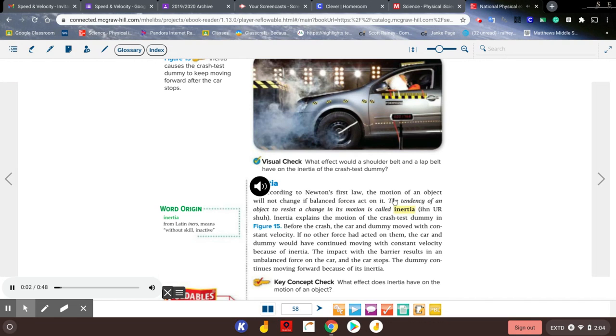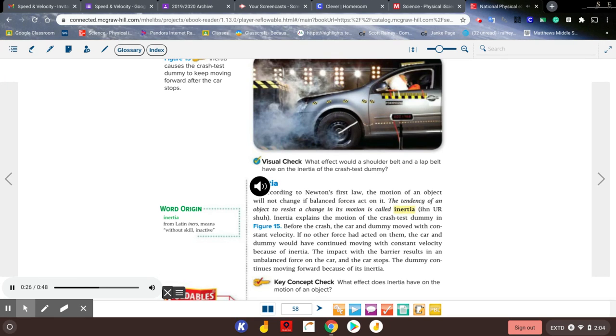Inertia. According to Newton's first law, the motion of an object will not change if balanced forces act on it. The tendency of an object to resist a change in its motion is called inertia. Inertia explains the motion of the crash test dummy in Figure 15. Before the crash, the car and dummy moved with constant velocity.